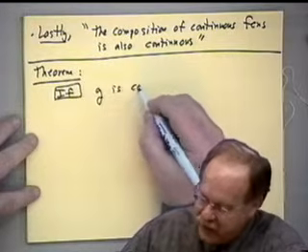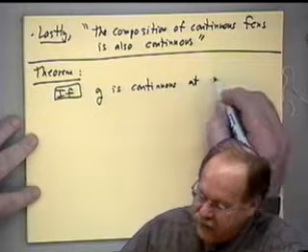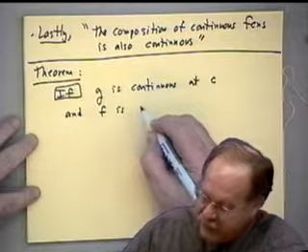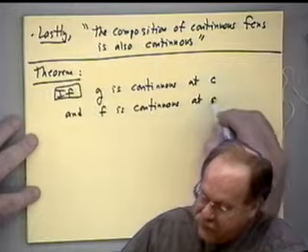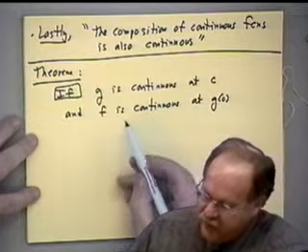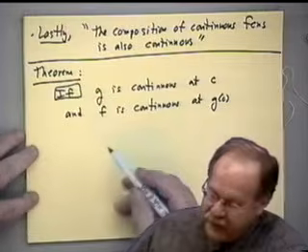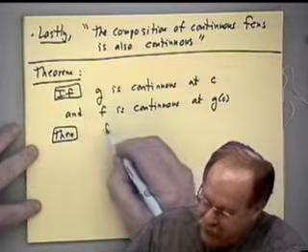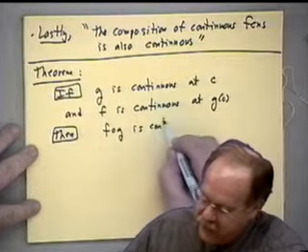If g is continuous at c, and f is continuous at g of c, because in this composition we're going to assume that g goes first, f goes second, and we'll see that in the picture, then f composed with g, with the composition notation there, is continuous at c.